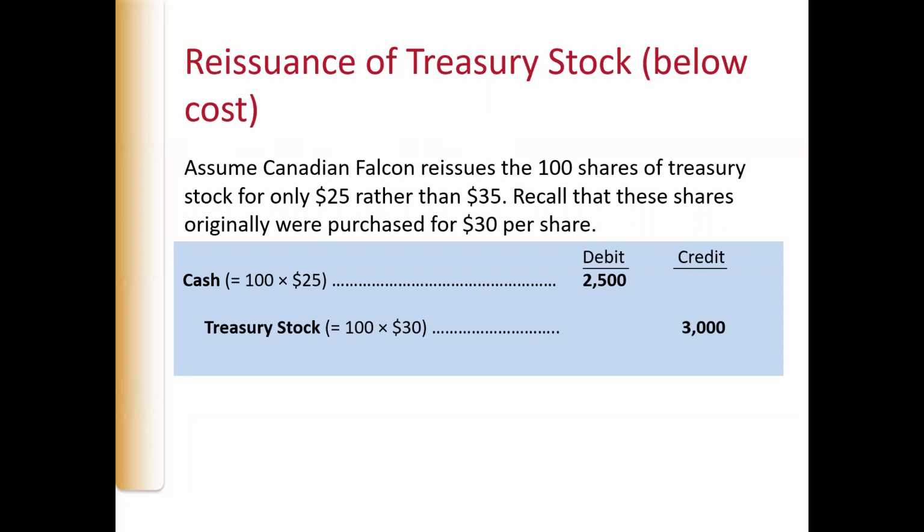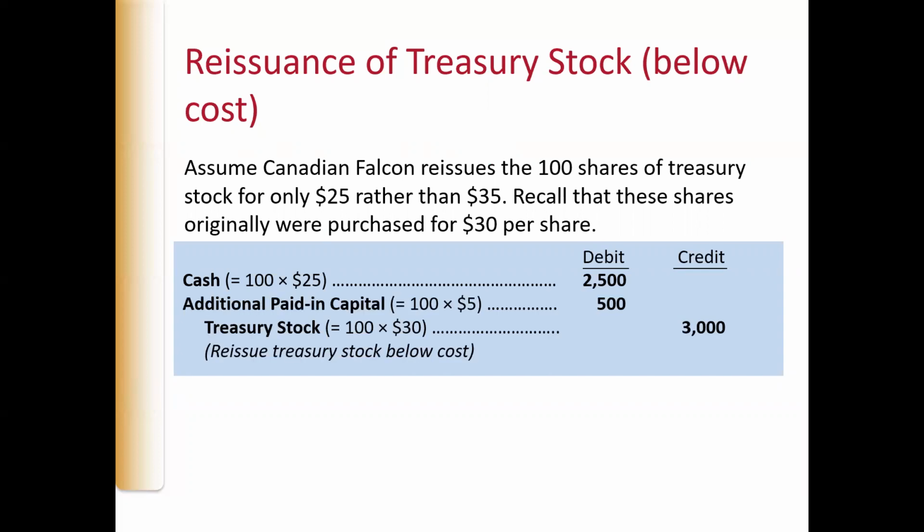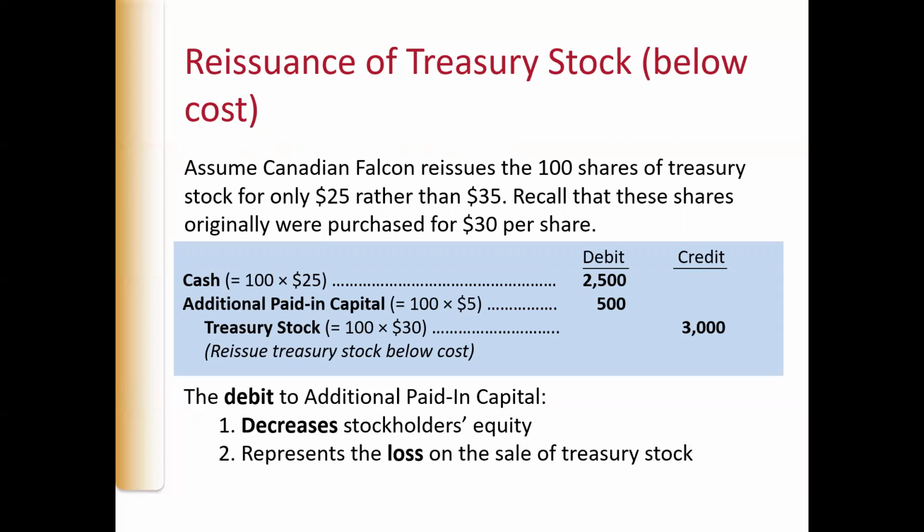So we're going to show our cash. We need to zero out the treasury stock. We need to zero out what we purchased it for, in this case, 30 bucks. And the difference is going to be a debit to additional paid-in capital, which basically shows a loss. It shows here a loss on the stock.